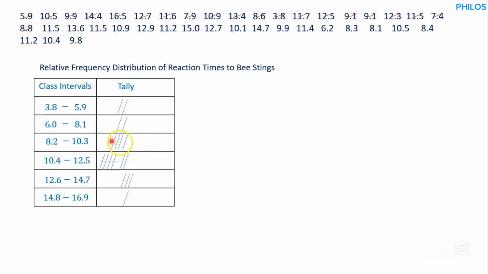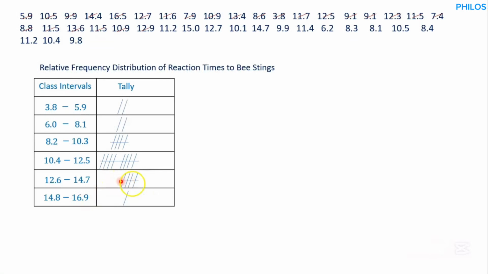Then 11.5 is going to be here. Then 13.6 is going to be in this class. Then 11.5 is to be in this class. Then 10.9 is going to be in the fourth class also. It will be the fifth one in this case, so we have 4 lines already and we have to cross it. Okay. So 12.9 is going to be here.